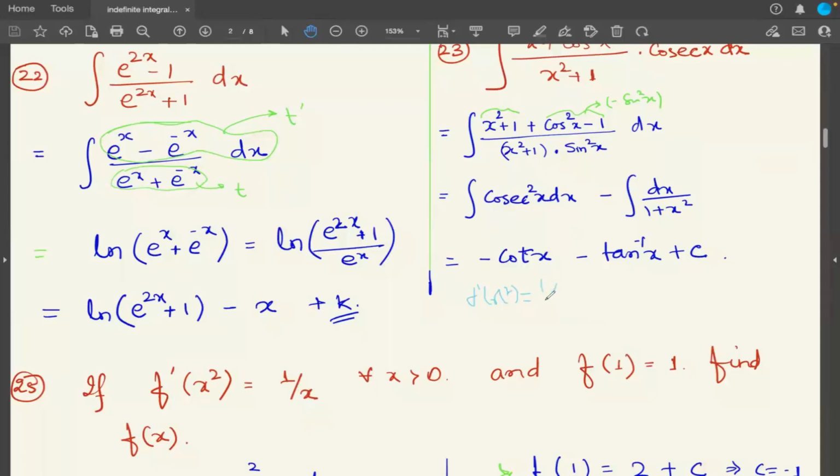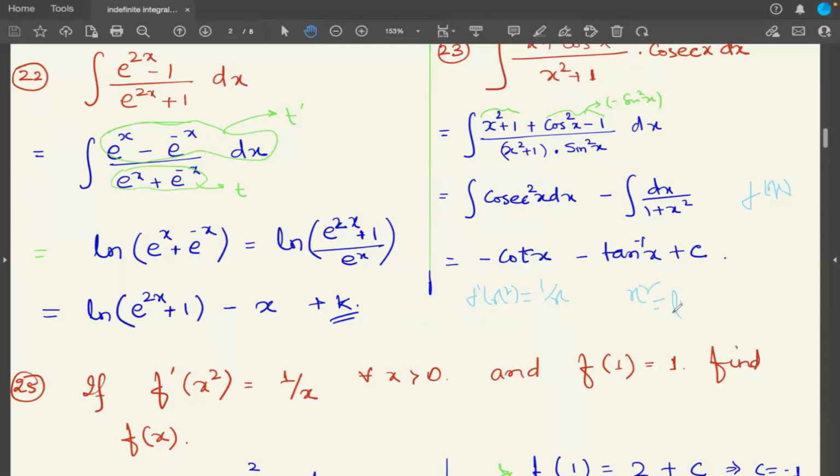Because it's a function of x square, and wherever we have read until now, it was a function of x, which is a linear function, right? So we have to substitute x square as t.